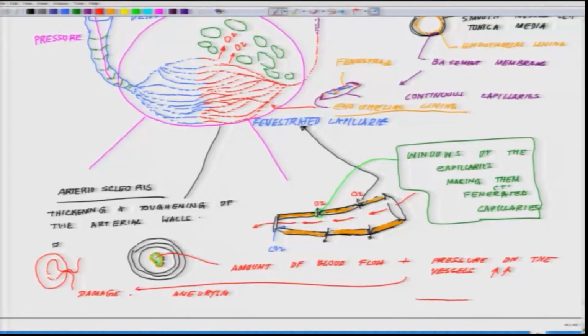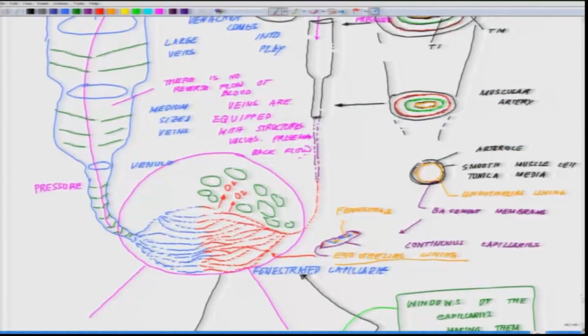Those who do fluid dynamics will be able to appreciate it better, that if something is flowing like this and all of a sudden it has to take a very peculiar path like this because of some pressure or growth on the vessel. So these are some of the things commonly observed in the arteries. And having said this, you might wonder why it is challenging to take blood from the arteries.